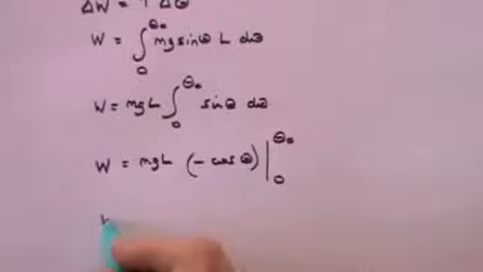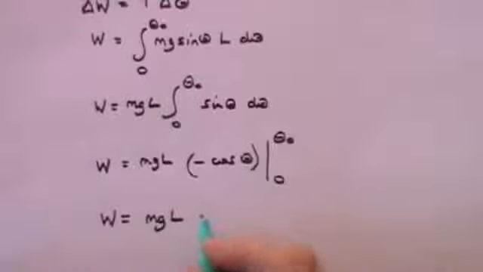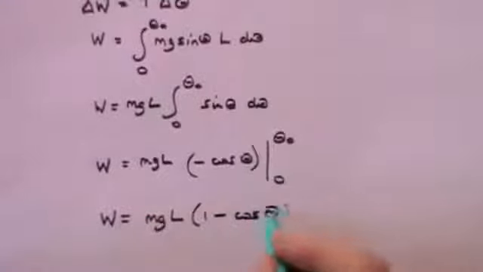The integral of sine theta is minus cosine theta, and so we get that the total work done is mgL multiplied by minus cos theta evaluated between naught and theta naught. And when you put that into the equation, you get that the work done is mgL into 1 minus the cosine of theta naught.